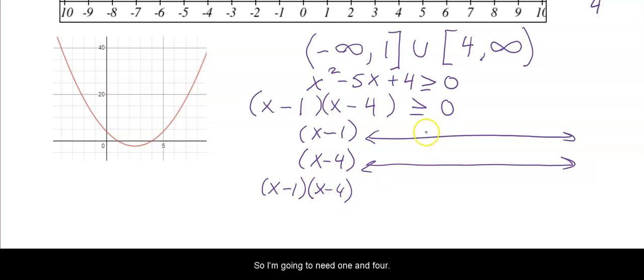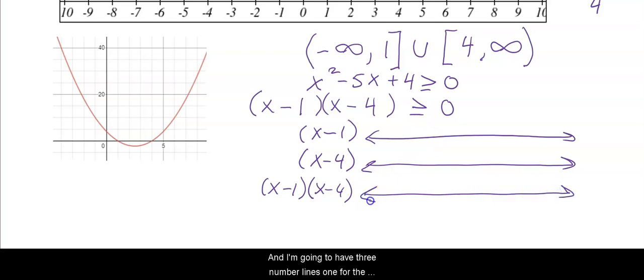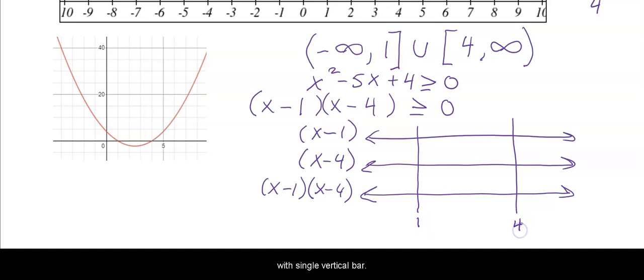So I'm going to need 1 and 4. And I'm going to have 3 number lines, one for the combined expression, and one for each individual factor. I can mark off where 1 and where 4 are on all 3 with single vertical bars.